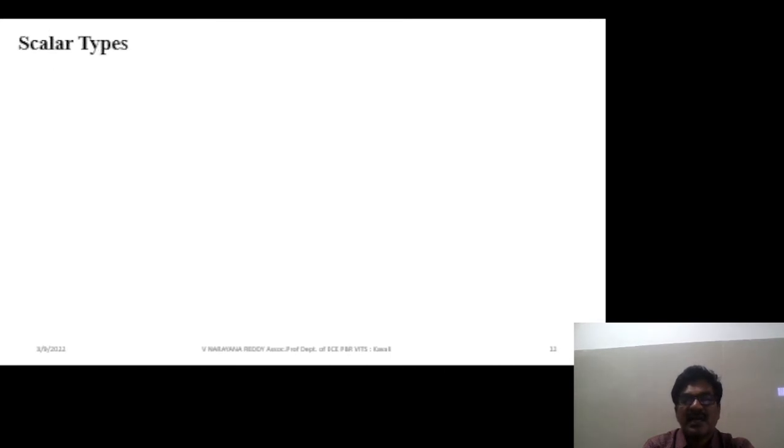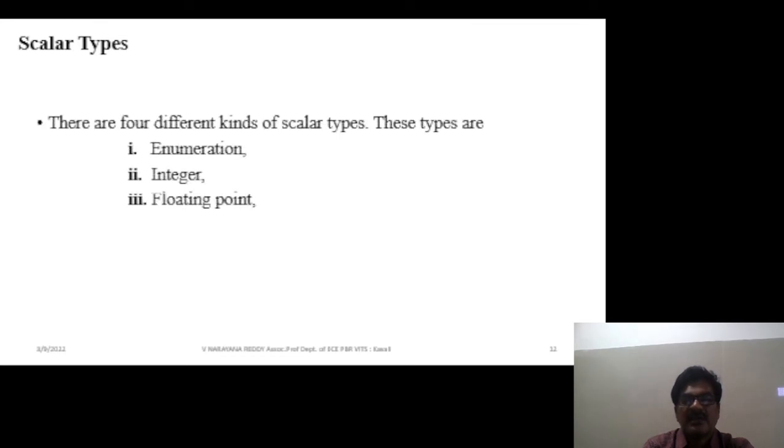First of all, the scalar type. Again in scalar the different classes are enumeration type, integer type, floating point type, physical type. Under scalar again the subclassification of data is enumeration, integer, floating point, physical.